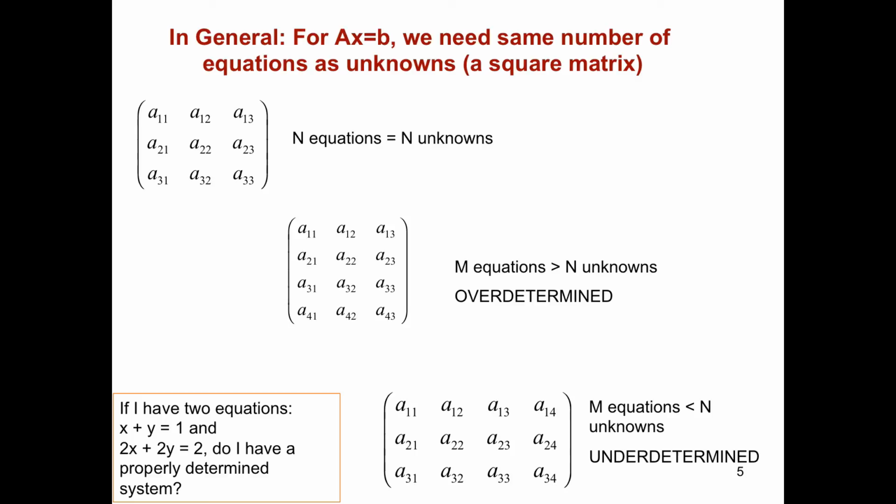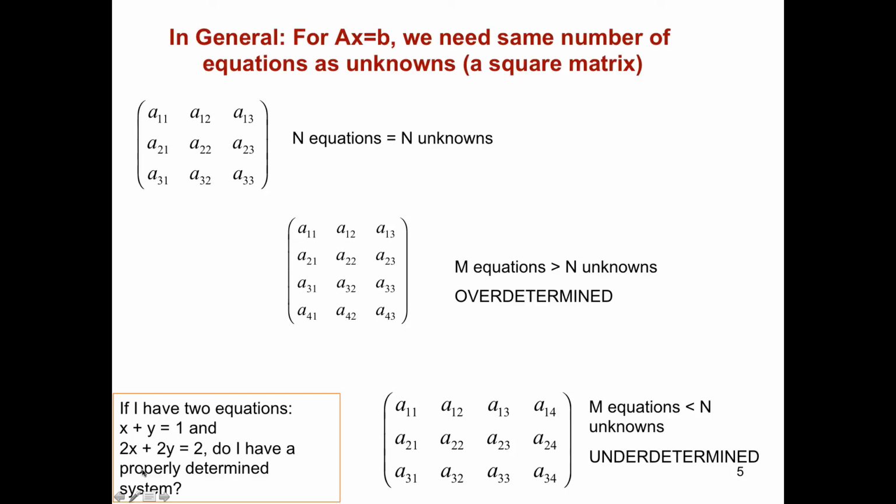If I have more equations than I actually have unknowns, I might actually have an overdetermined system. So this would be the case in this particular case. And if I have too little, so in this case I have 4 unknowns, but I have 3 equations, that is not enough to solve the system. So my system is underdetermined in that case.